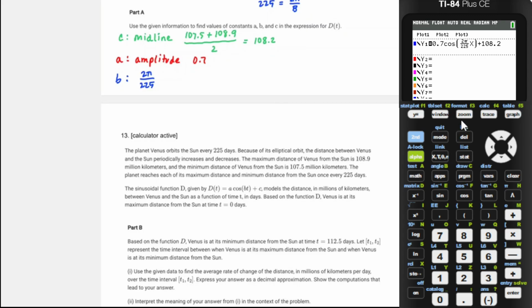Now I'm going to try zoom fit, see how that goes for me. Let's see what that does. Okay, it's really thinking about it.